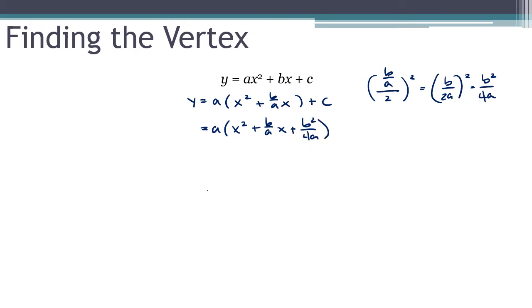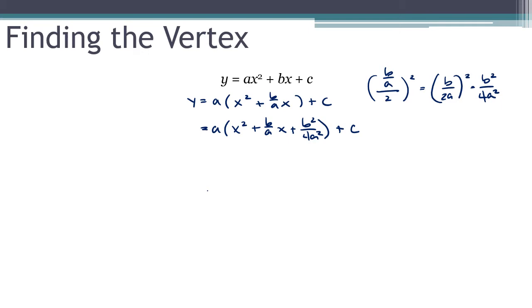Okay, but of course I can't just do that, right? It's 4a squared, not 4a. And of course I can't just randomly add stuff here. If I do that, I have to balance this out. And the way I'm going to do that is by subtracting it. Because I can add 3 and subtract 3 to an equation, because that's the same as adding 0, right?